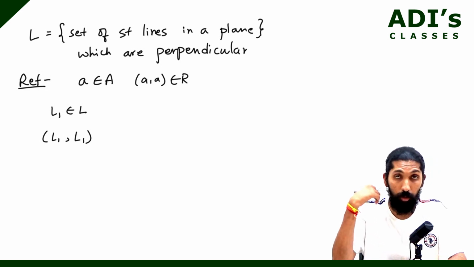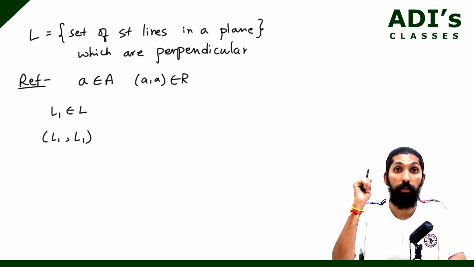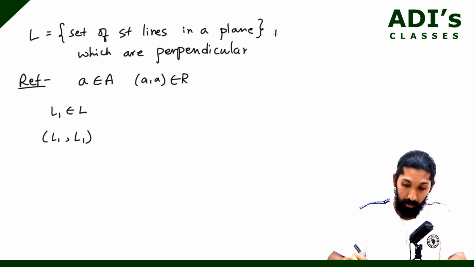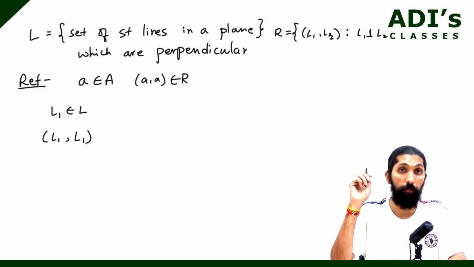L1 comma L1, can the line be perpendicular to itself? Is it possible? Remember, we are defining the relation, correct? What is R? R is such that we have (L1, L2) such that L1 is perpendicular to L2. This is what we mean by the relation.